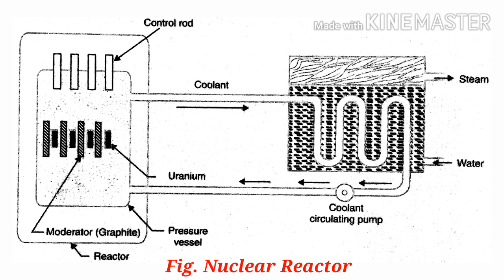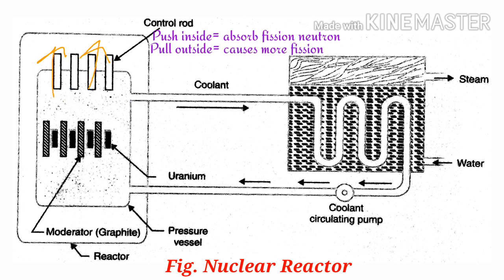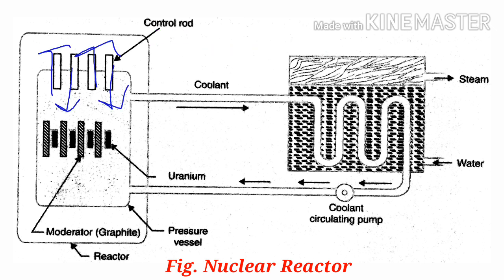See, when control rods are pushed inside, they will absorb most of the fission neutrons, and when they are pulled outwards, more and more neutrons cause fission, and by doing this the intensity of heat is increased in the nuclear reactor. So this lowering and raising of control rods is done according to the requirement of load.